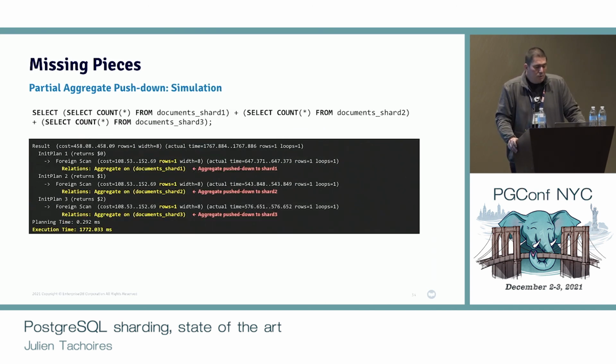If we want to simulate how the partial aggregate pushdown may work, let's rewrite this query this way. We are going to count the number of lines of each partition, and then we are going to do the final sum once we have each count. This is a very dirty query, but this is just for illustrating how partial aggregate pushdown may work.